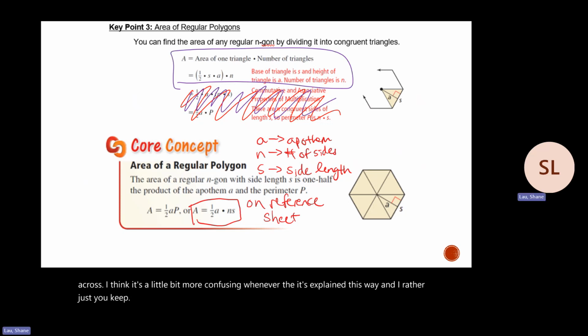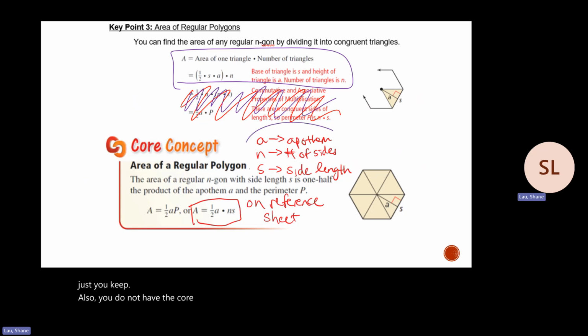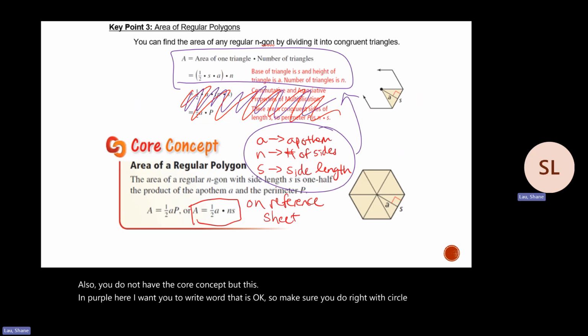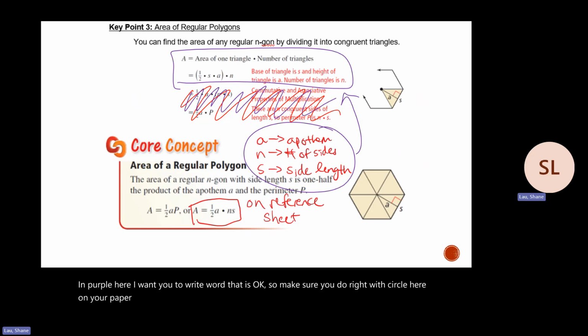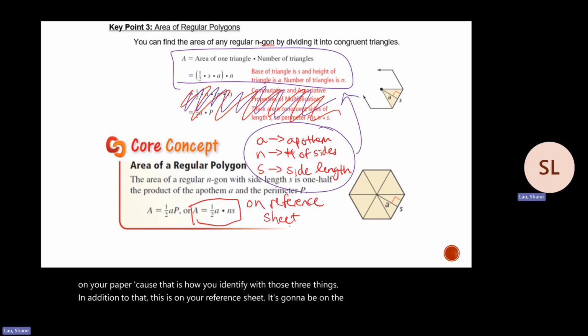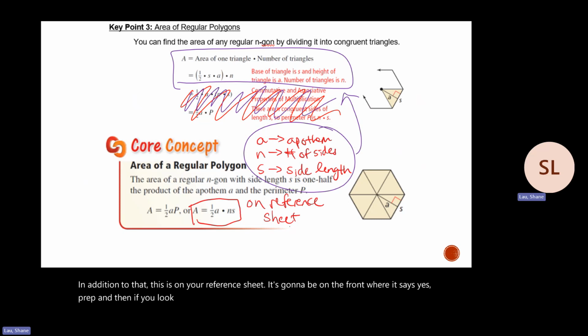Also, you do not have the core concept, but this in purple here, I want you to write where that is. Make sure you write what's circled here on your paper, because that is how you identify what those 3 things are. In addition, this is on your reference sheet. It's on the front where it says YES Prep. If you look under area, it says regular polygon, and it shows this equation. So it's that.